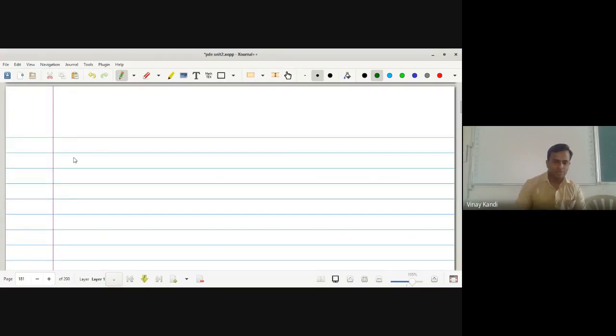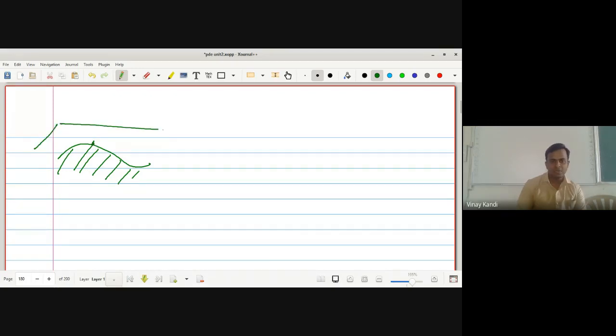Suppose this is the surface. For this point, this is the tangent plane. This is the vector PQR, and the normal to the surface at this point is small p, small q, minus 1, that is zx, zy and minus 1.